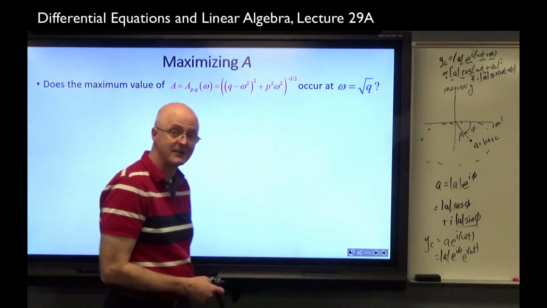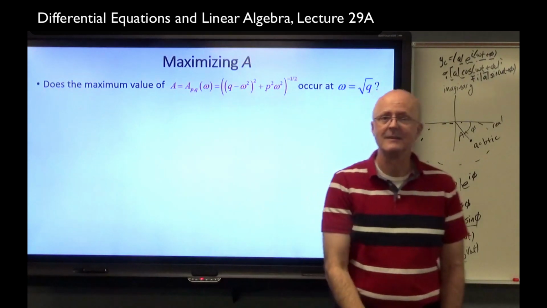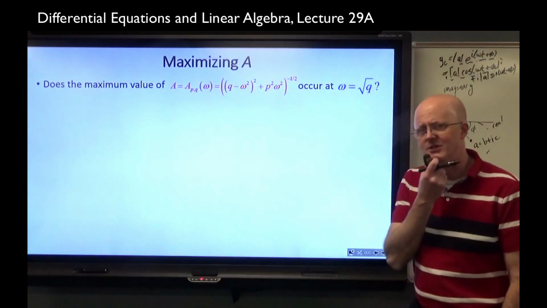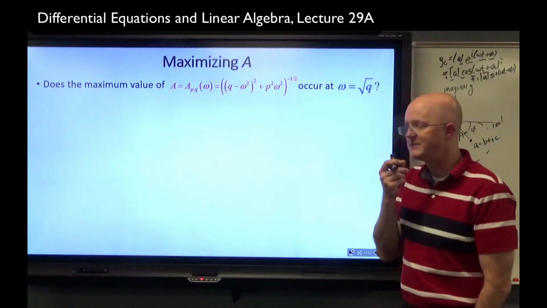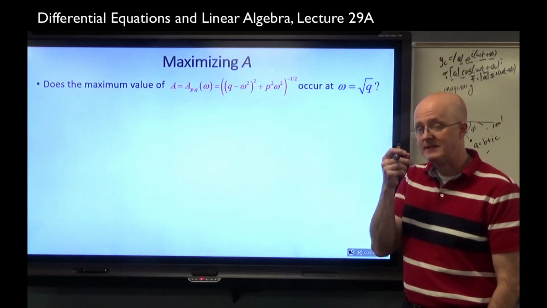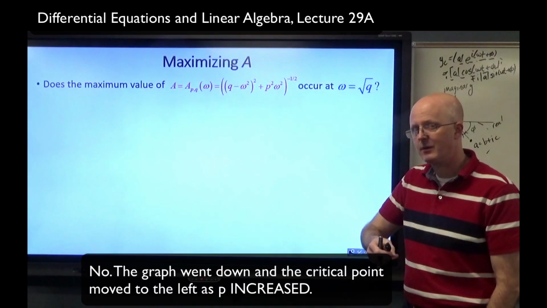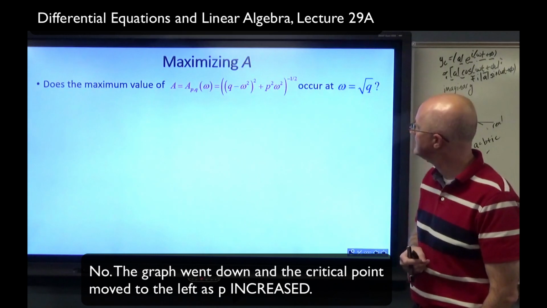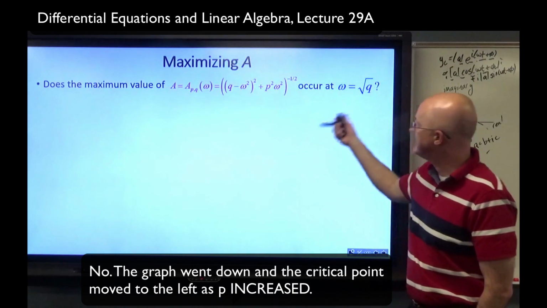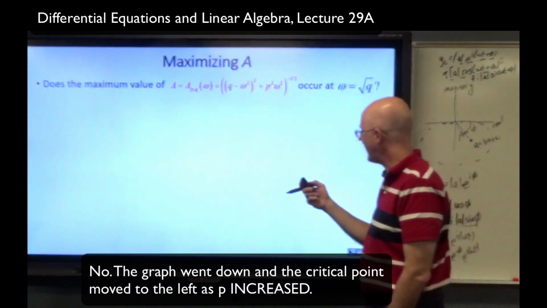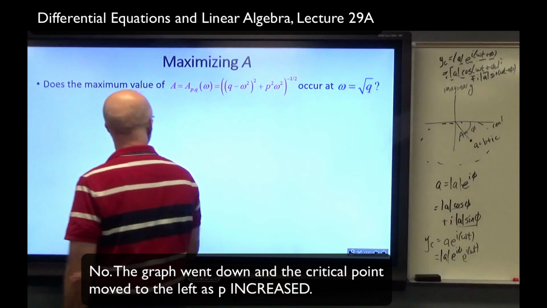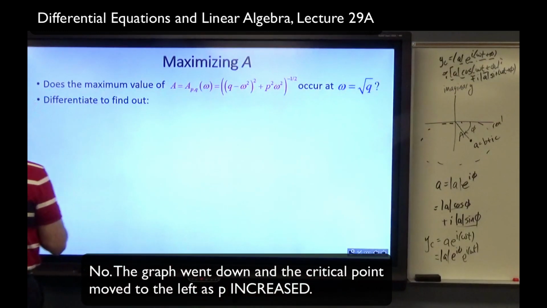Based on what I said 2 minutes ago, you should say, no, it doesn't, because it changed as p changed, right? As p decreased, the graph went down and the critical point moved a little bit to the left. So the answer is going to be no. But let's go ahead and see how it depends on p and q anyway.